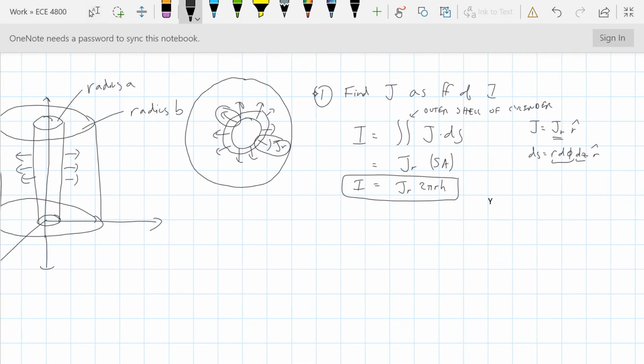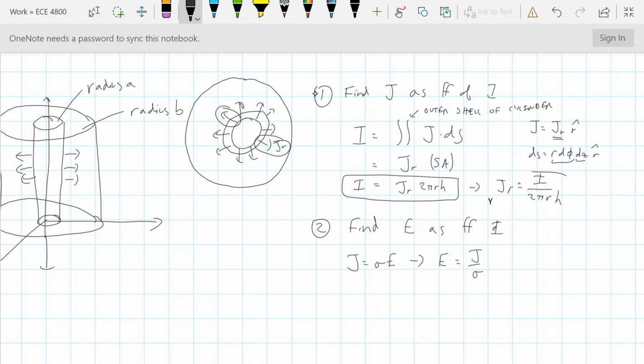All right, second step. Find E as a function of I. And of course, this is easy now because we know that J is equal to sigma E. So E is going to be equal to J over sigma. In the previous part, we found that J sub r is equal to I divided by 2 pi rh.